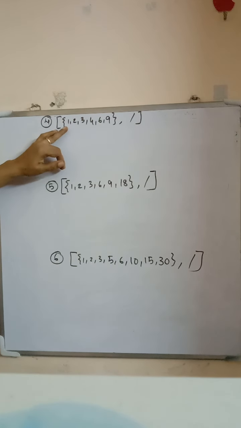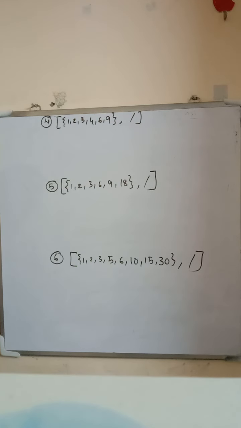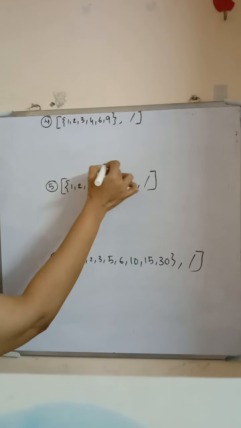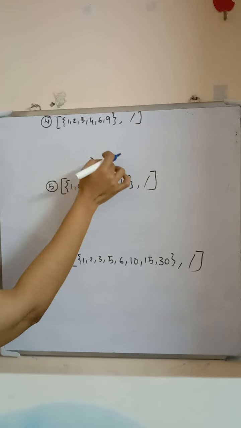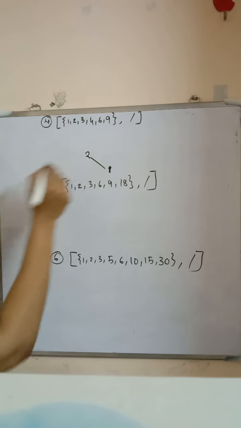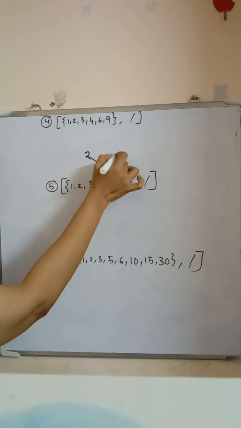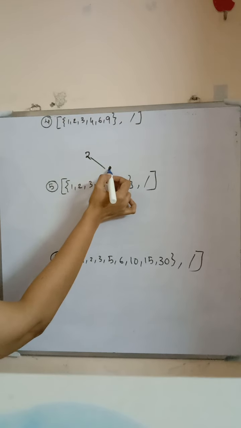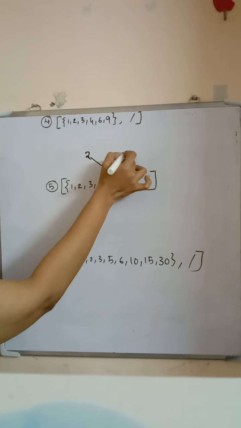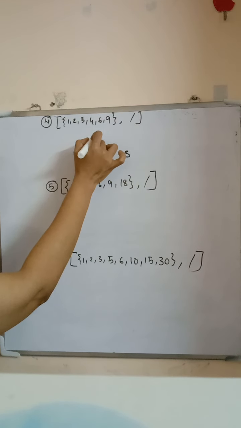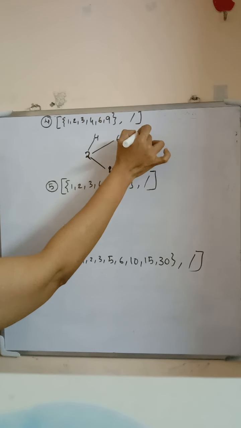Consider another poset, the set 1, 2, 3, 4, 6, 9 under the operation divides. 1 divides 2, here only the upward direction relation. 1 divides 2 and 1 divides 3, 2 divides 4, 2 divides 6, also 3 divides 6 and 3 divides 9.